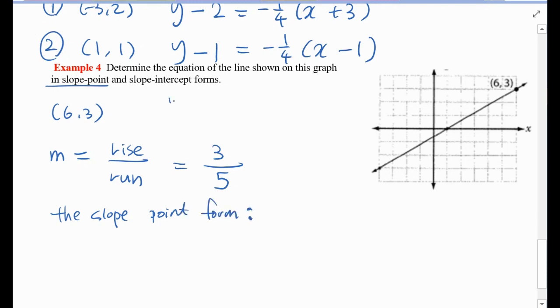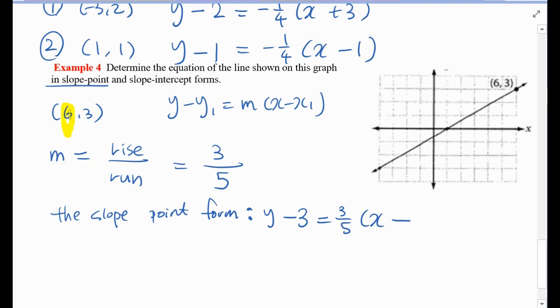We know the equation is y minus y1 equals the slope times x minus x1. So y minus 3, this is the y value, equals 3 over 5 times x minus 6, this is the x value. So this is the slope point form.